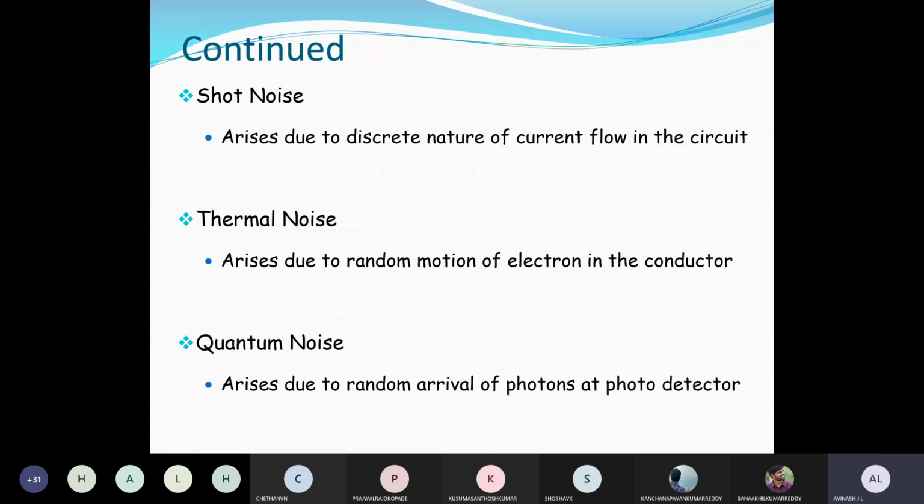But discrete flow is a problem. Why? At one instant the signal is there, and at another instant the signal is not there. If it is moving like that, the circuit will get into trouble. That is why shot noise arises due to the discrete nature of current flow in the circuit.